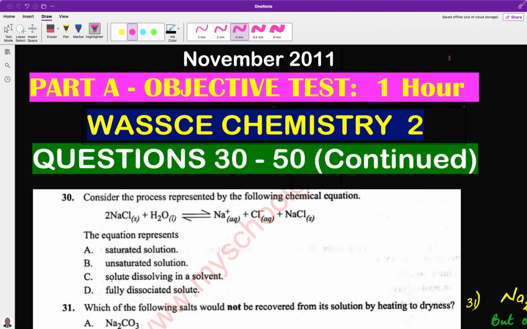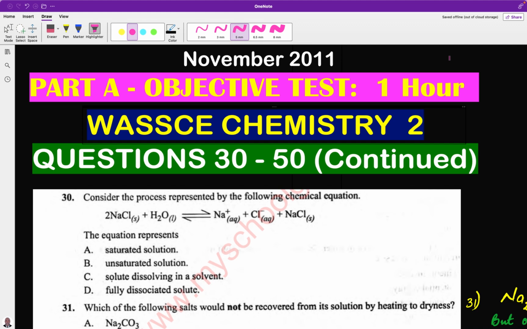Now, you should note that in such a solution where you produce ions and some of the solute is still left undissolved in the solvent, or where not all the solute is dissolved in the solvent, we will have some ions and some solid left.